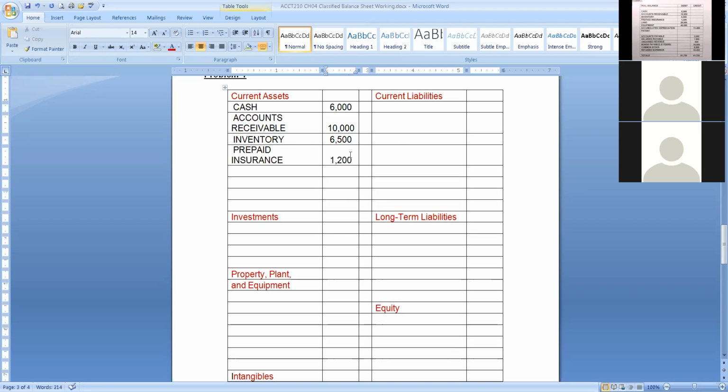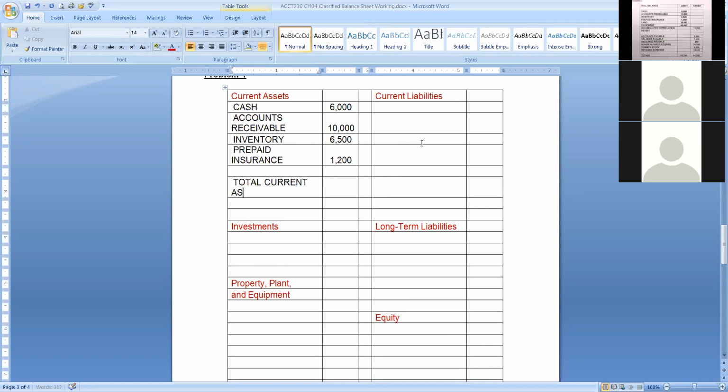I think that is it for current assets. So what we probably do here is get a total. We add all these together, and I'll show you what we do with it.